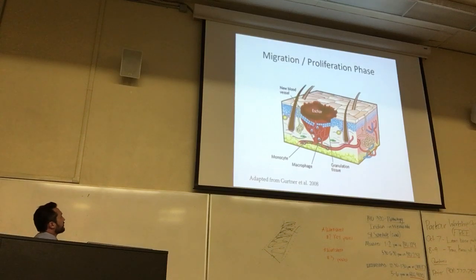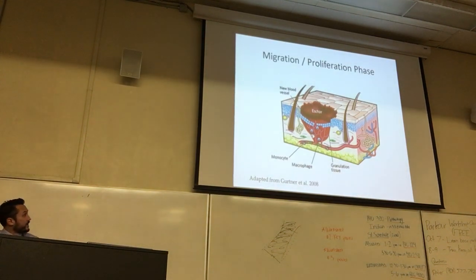Then we have our migration or proliferation phase, where we've got our tissue macrophages in the damaged tissue, and the fibroblasts have gone in and they're proliferating and laying down new collagen.